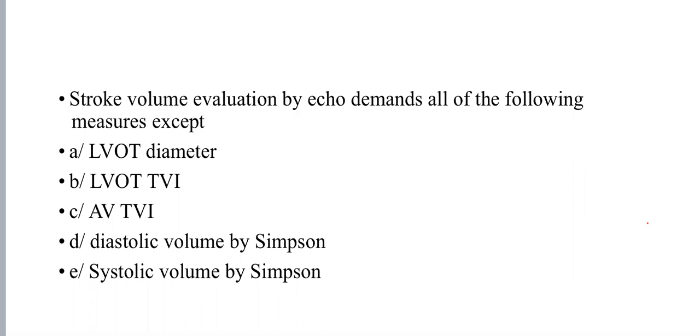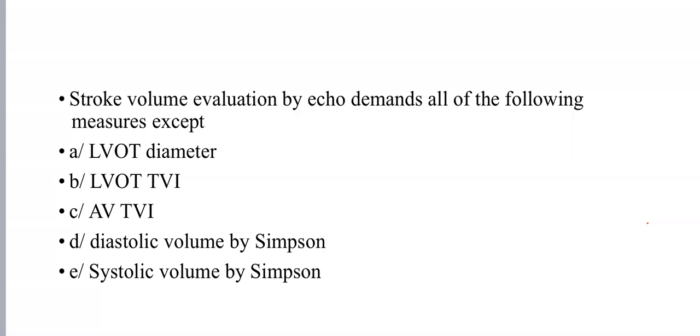Aortic valve TVI. Okay, so you don't need aortic valve TVI. You agree with that? Yes, exactly. For the volumetric assessment, we need the LVOT diameter and the LVOT TVI. That's all we need for stroke volume assessment.